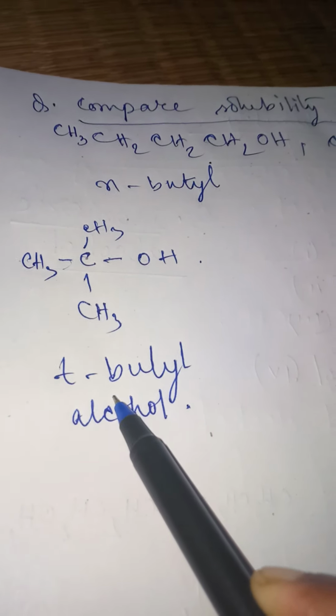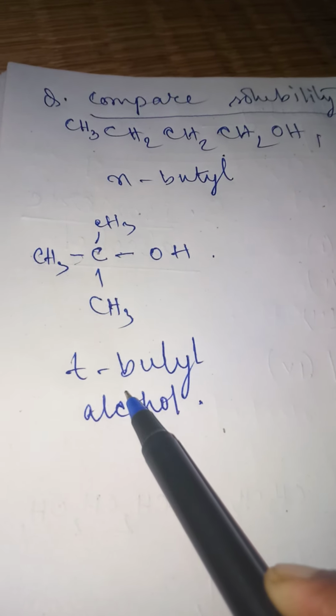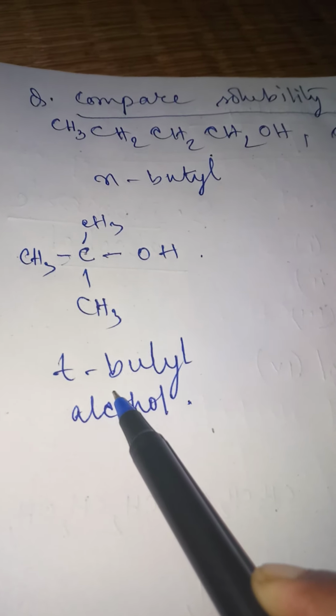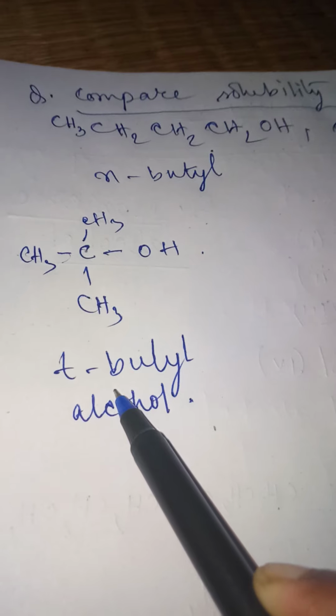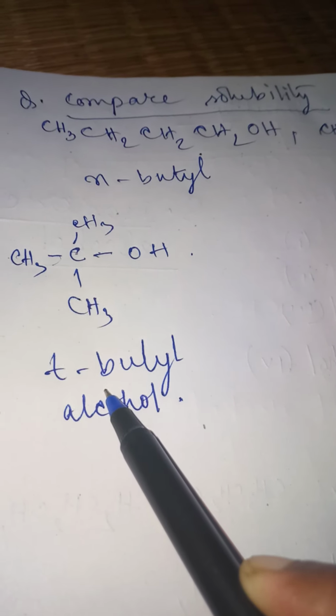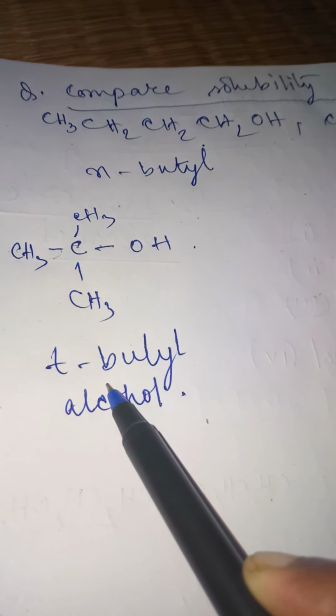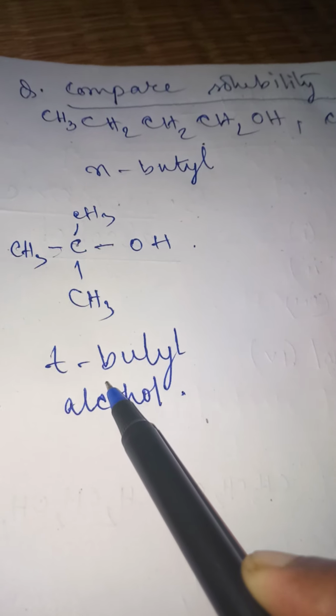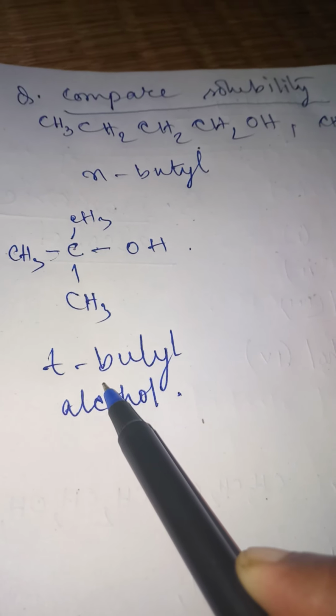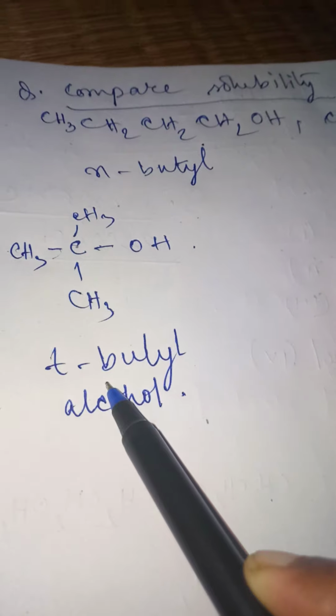Now in this case, what will we see? Molecular masses are almost the same. Higher is the branching, we can understand. For the boiling point, I told you, if the branches increase, surface area decreases, and boiling point also decreases.